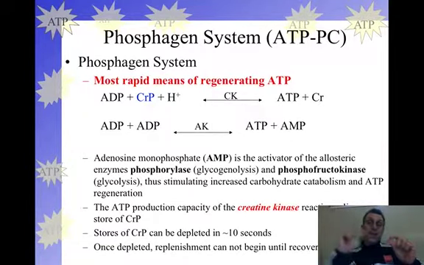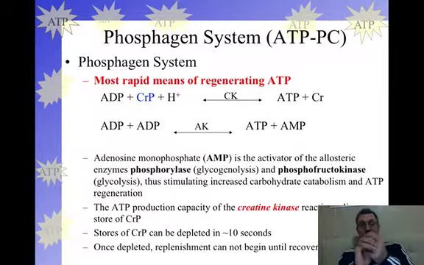So that phosphate that got split off of the ATP when it released its energy, somewhere along the line, and we'll talk about that in a minute, found a creatine molecule. And so we have this molecule of creatine and phosphate combined.